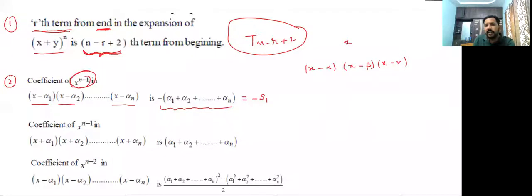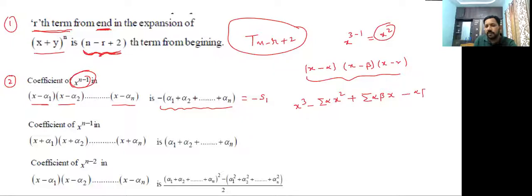So you will get x^(3−1), that is x². What is the x² coefficient in this expansion? Expanded: x³ − (sum of the roots)x² + (sum of the product of the roots taken 2 at a time) x − (product of the roots) = 0.